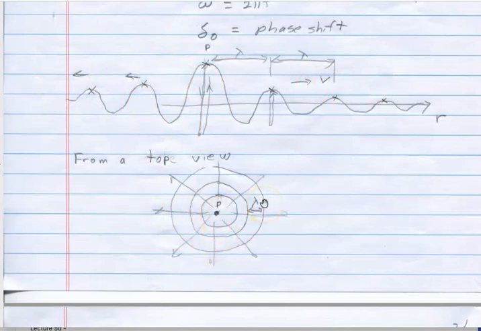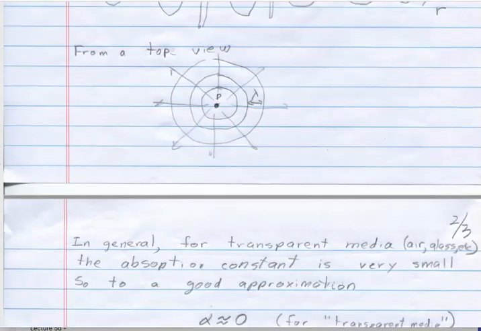The spheres are expanding with an ever-increasing radius, and moving outward with a velocity that's the speed of light in whatever medium this happens to be, or if it's a water wave, it could be the velocity in the water of the water wave.